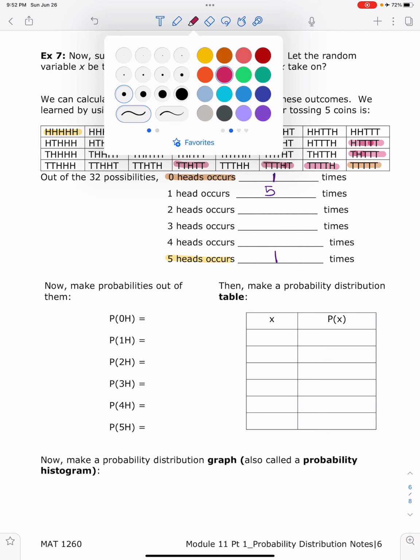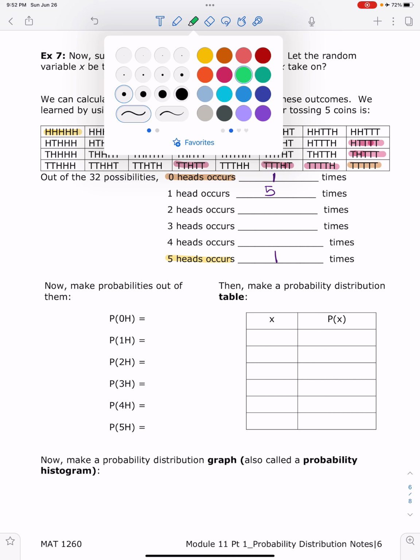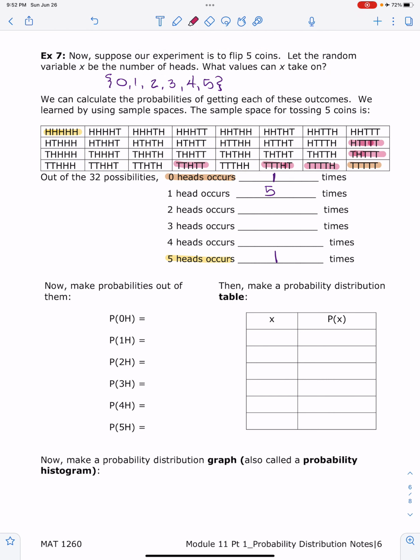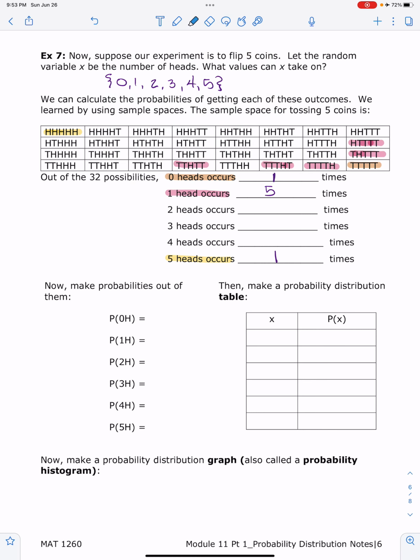Similarly, if we want 4 heads, that would be the probability of 1 tail. So there's our first tail. There's the tail in the second spot.